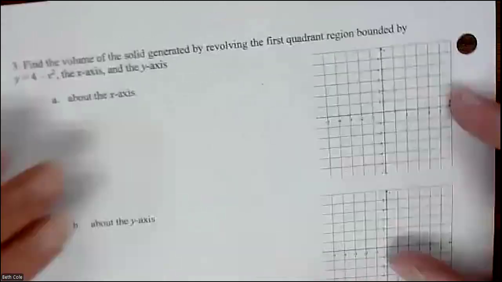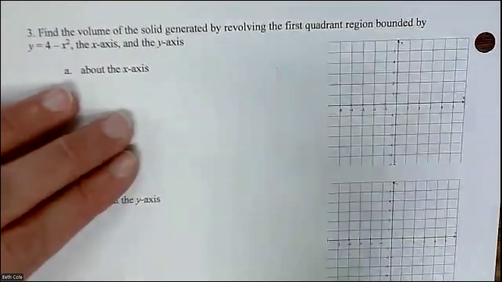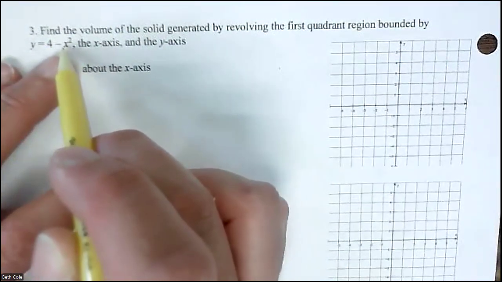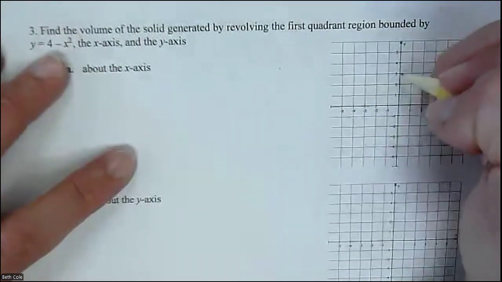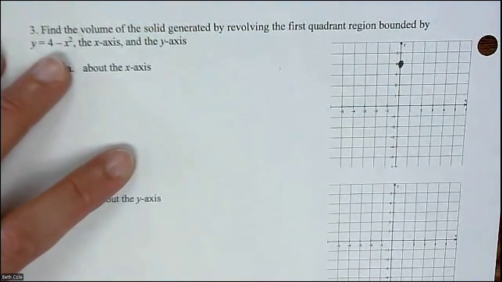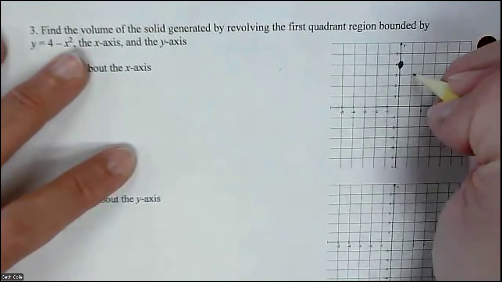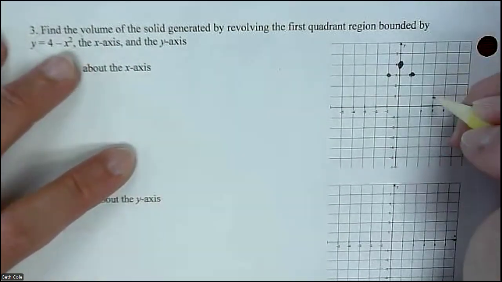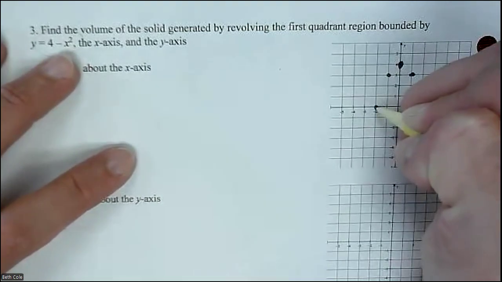This one, I made a part A and B so we can copy our shape over. All right, so let's go ahead and draw this. This is going to be a parabola. It's upside down, and it's moved up 4. So go up 4, put a point. If you plug in 1, you're going to get 3. If you plug in 2, you're going to get 0.